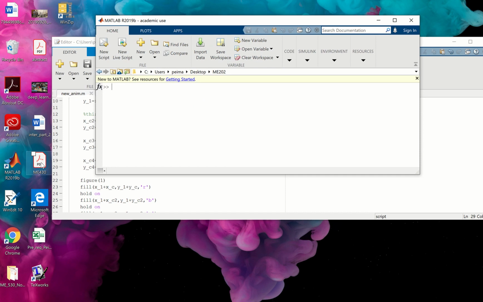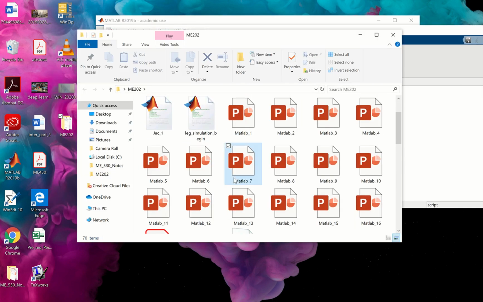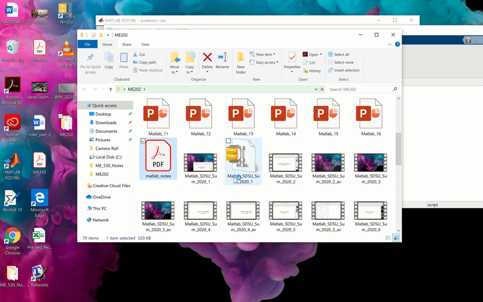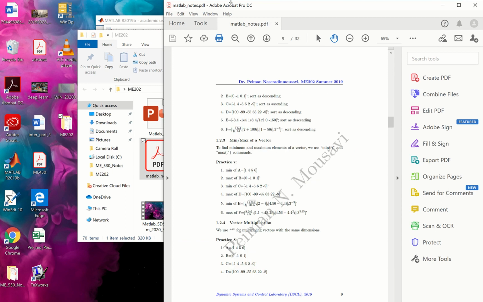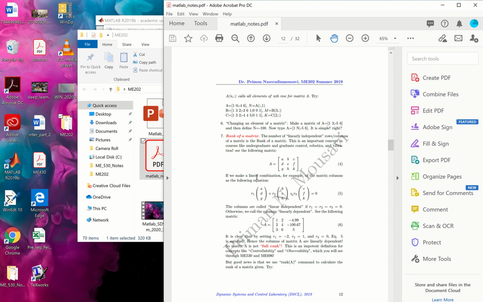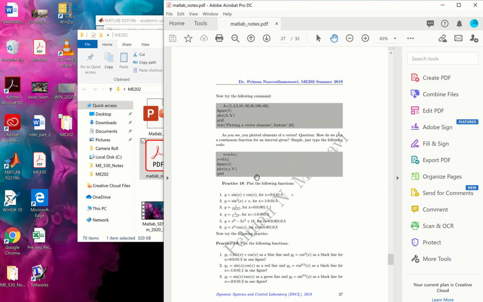So where is that? MATLAB, okay, and the notes, right? It's recording. Yes. Okay, guys, you're on the last note.